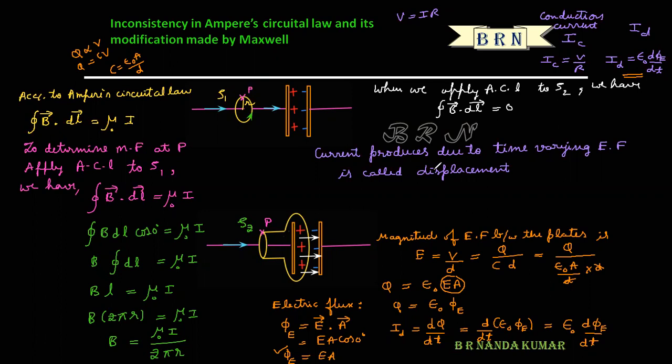Finally, Ampere's circuital law is restated as the integration of B vector dot dl vector. The line integral of magnetic field around any closed circuit is equal to mu naught times the sum of conduction current and displacement current.